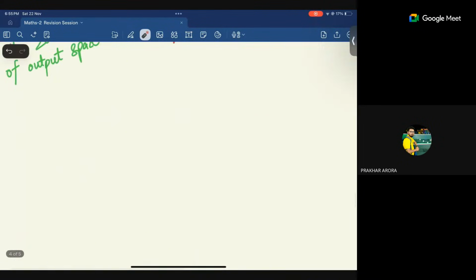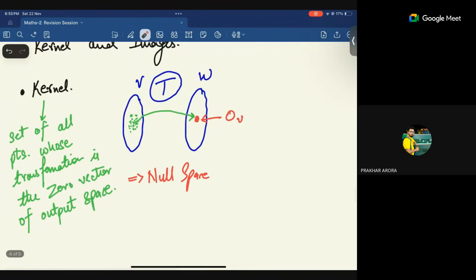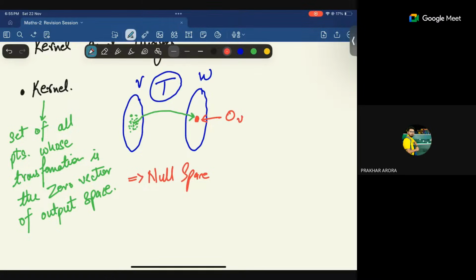Now why do we need another word, kernel, when we already have the word null space? The reason is very simple: null space is used for a matrix and kernel is used for a transformation. That's it, no other difference. They are exactly the same thing.